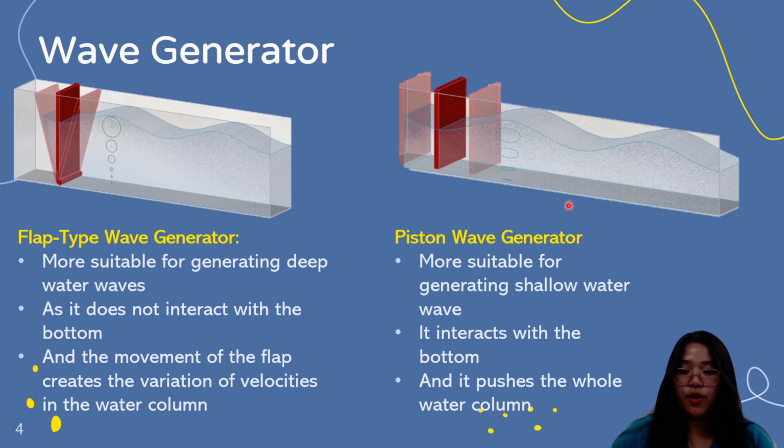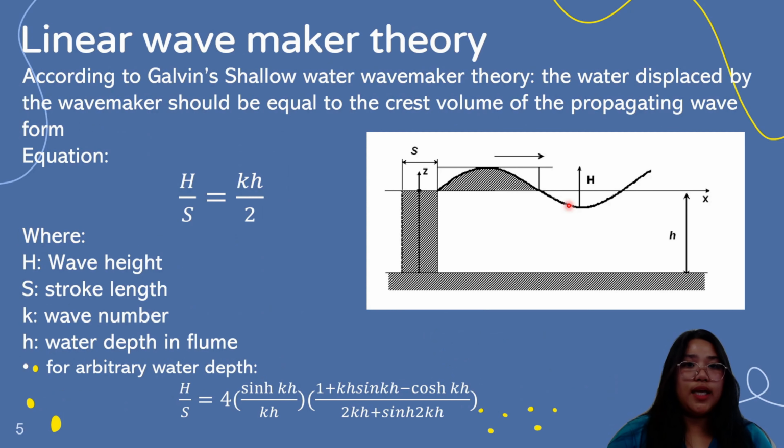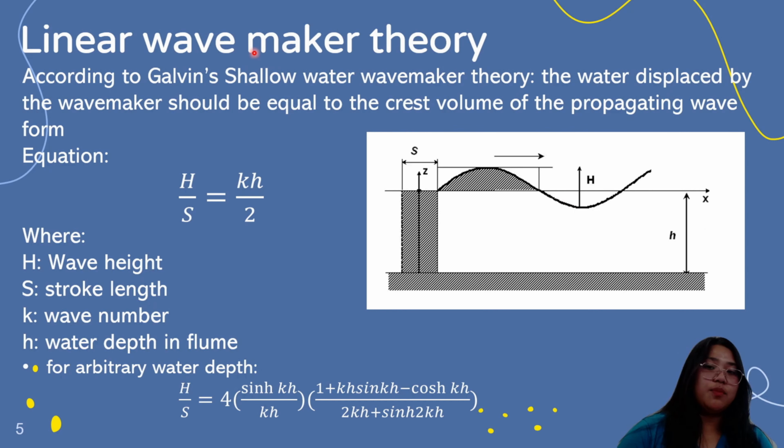So now that we know the types of waves and the types of generators associated with them, we have to know how to relate the generator to generating the waves that we want. This is where linear wave maker theory comes in. According to this theory, the water displaced by the wave maker should be equal to the crest volume of the propagating waveform.